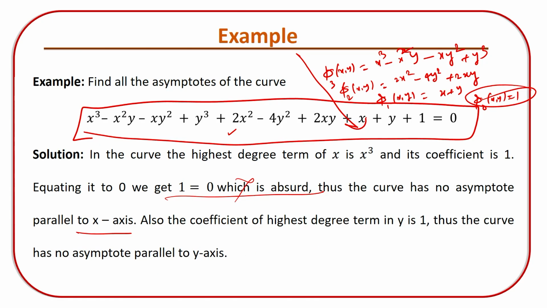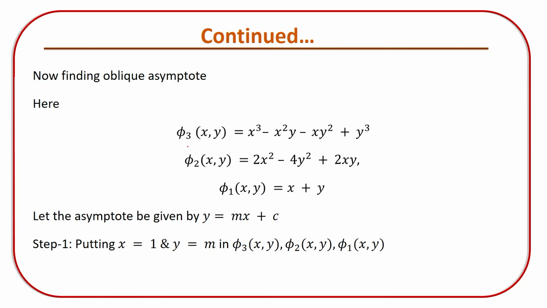Similarly, you can find that the coefficient of the highest term in y is 1, thus the curve has no asymptote parallel to the y-axis as well. So, there are no vertical or horizontal asymptotes for this given curve, and we have to find phi 3, phi 2, phi 1 and phi 0, right.